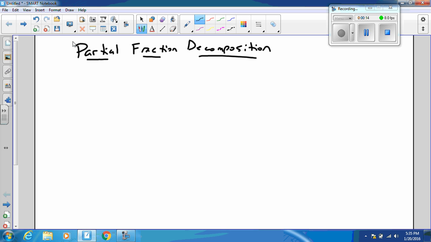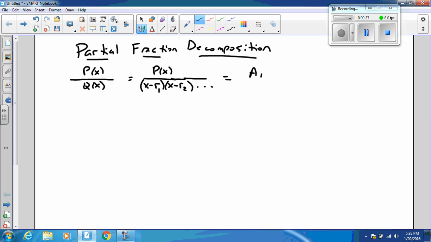And I explained it as the idea that we can take a complicated fraction, p of x over q of x, a complicated rational function, and break it down in terms of its factors by writing it as the sum of fractions with the appropriate numerators.